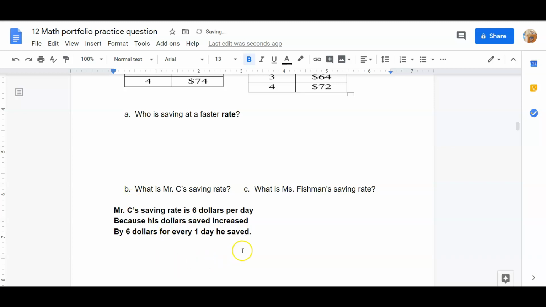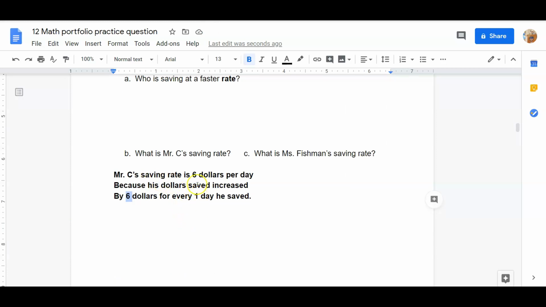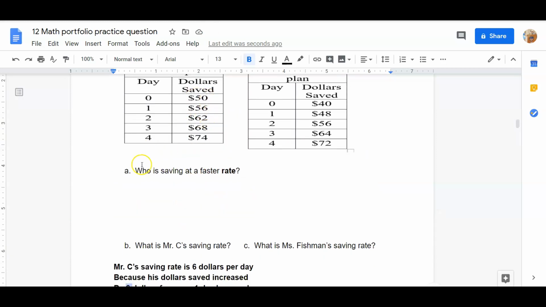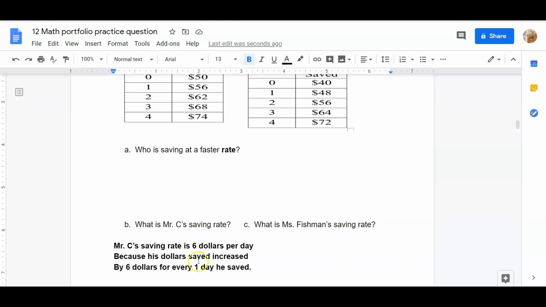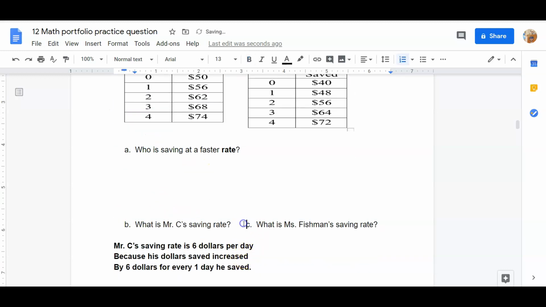So this is important. You need to answer the question like this, and you need to input the different saving rate for this question. But in Mr. C's case, he is saving $6 per day because his dollars saved increases by 6 for every one day he saved.